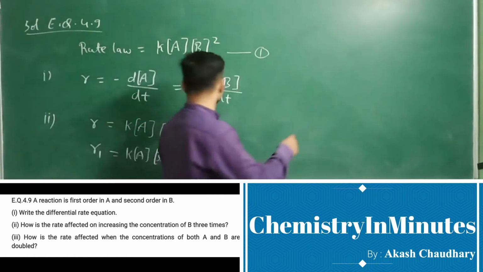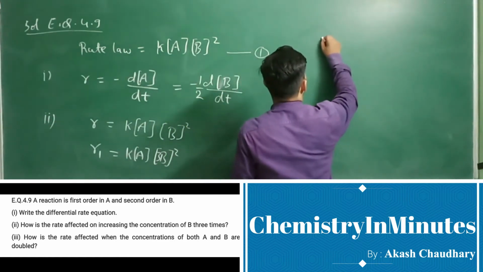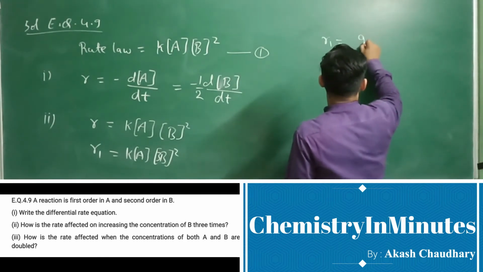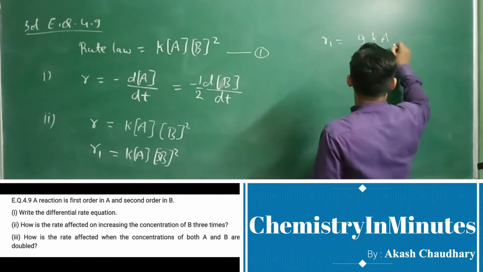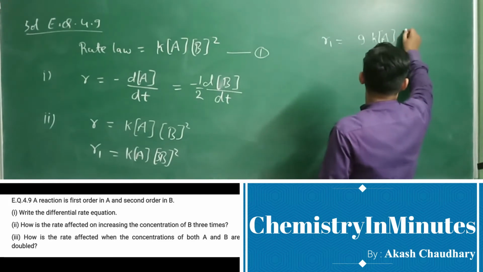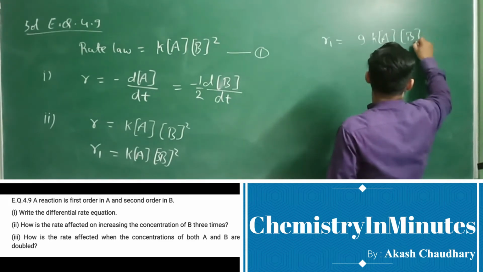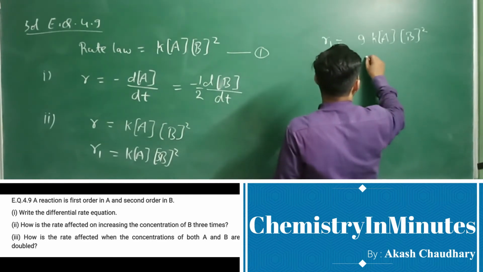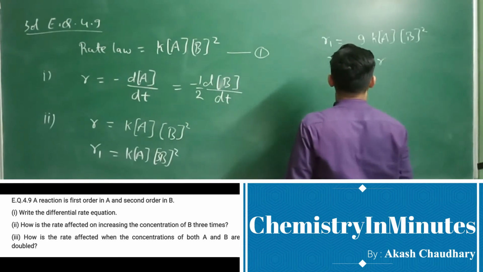Now R1 equal to 9 k, concentration of A, concentration of B square. So now R1 can be written as 9R.